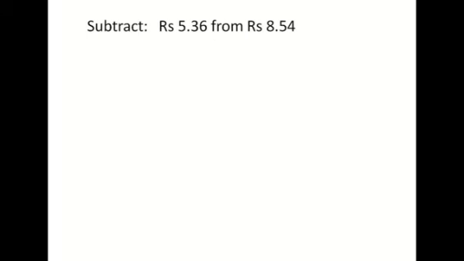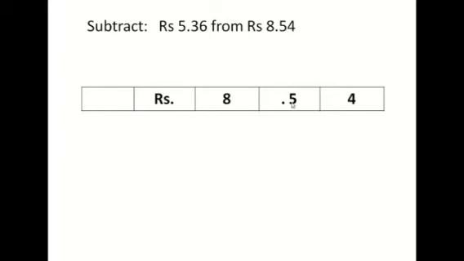Now work out this sum. You have to subtract rupees 5.36 from rupees 8.54. Both the numbers are having 2 digits after the decimal point, so we can arrange them in columns. So please carry on. It is rupees 8.54.